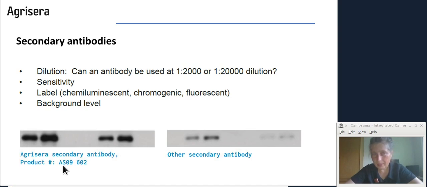Agrisera secondary antibody, goat anti-rabbit horseradish peroxidase conjugated, can be used in dilutions of about 1 to 25,000, and it has been used on a very wide range of different plant, algal, moss and diatom samples.